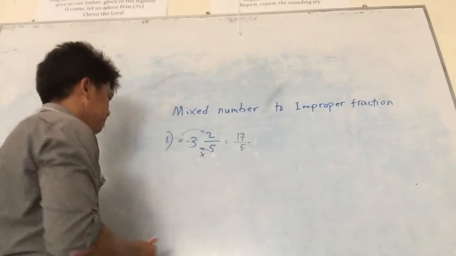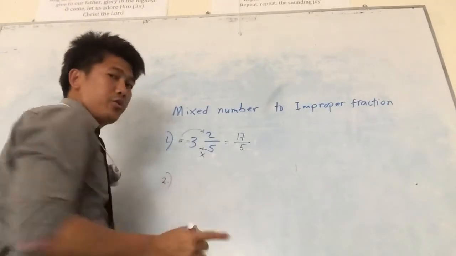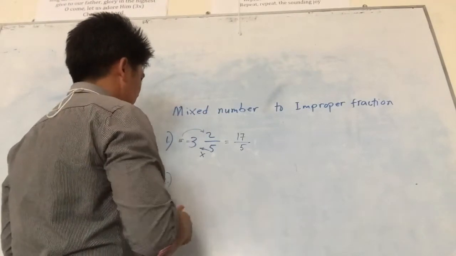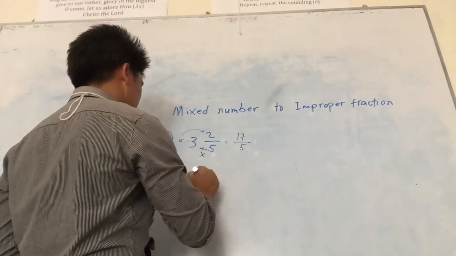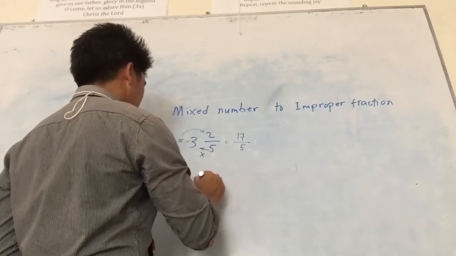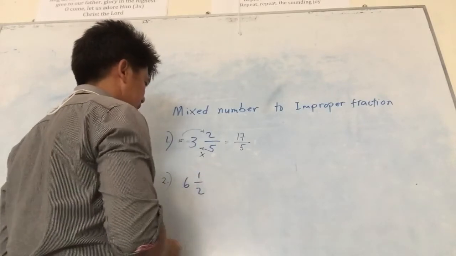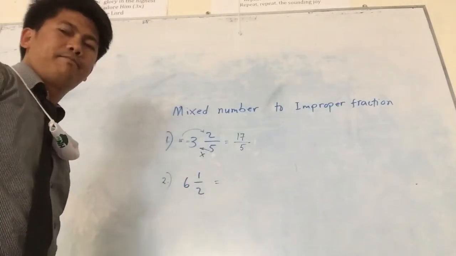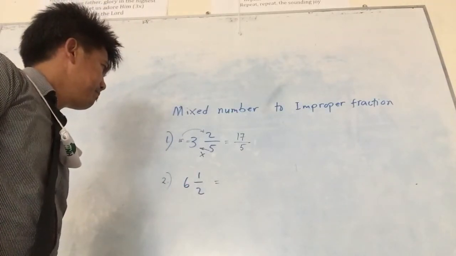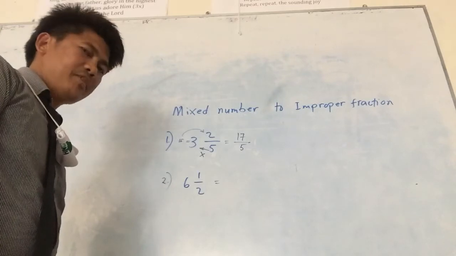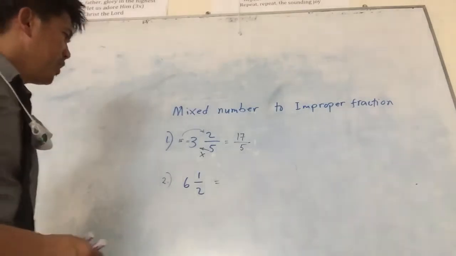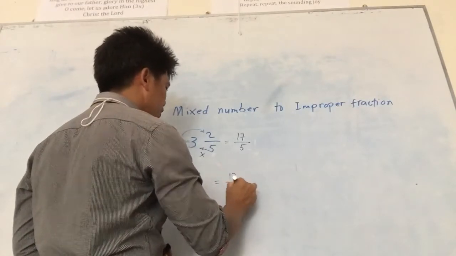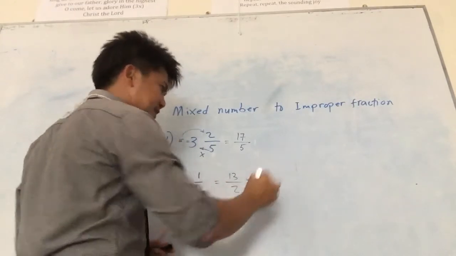So that is how you make a mixed number into an improper fraction. Another example, and perhaps you can also do it with me. 6 and 1/2. I'll give you 1 minute to do it. Alright, time is up. If you answered 13 over 2, you're correct.